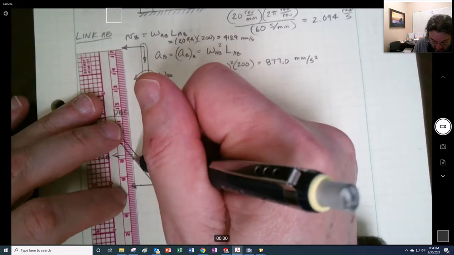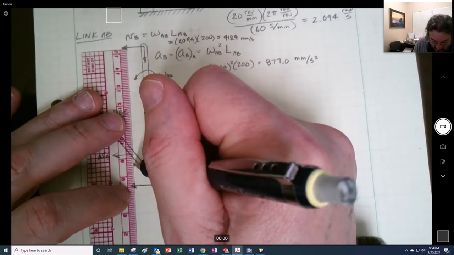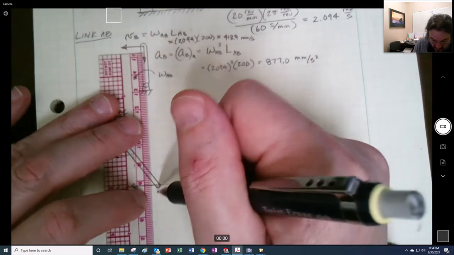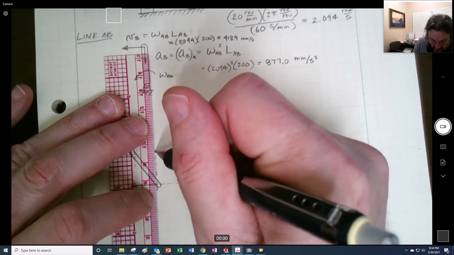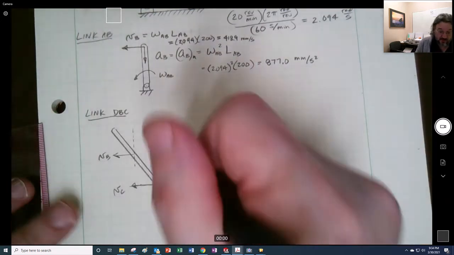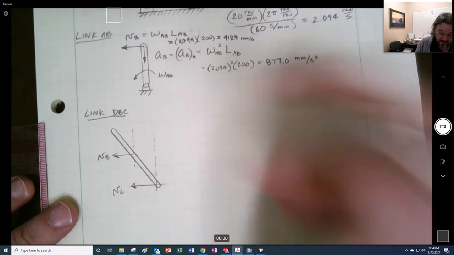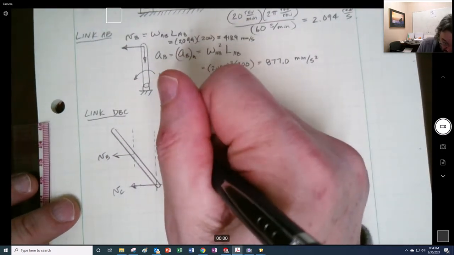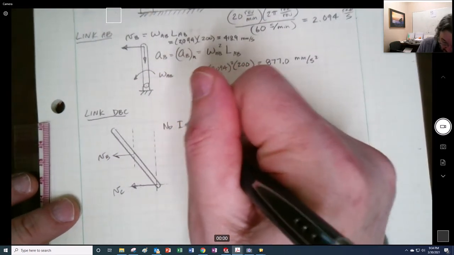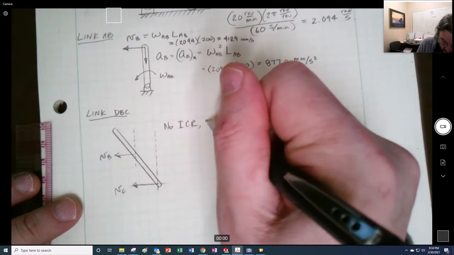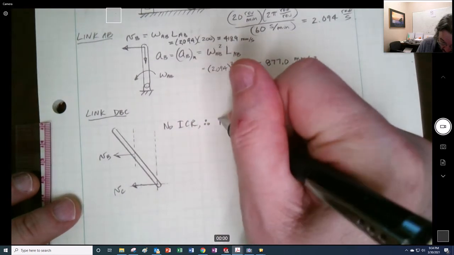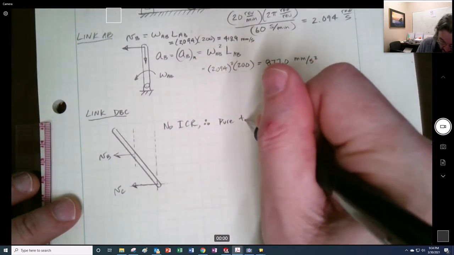One way that we could do this, I think this is convincing, is we could draw. It says no ICR, therefore pure translation.